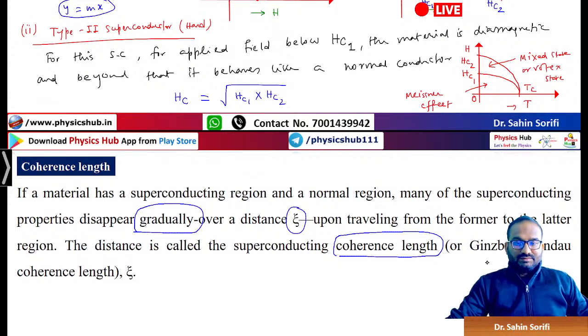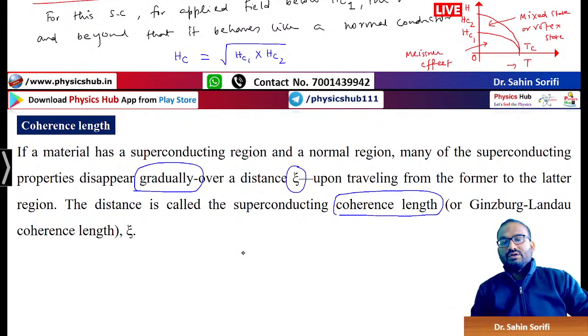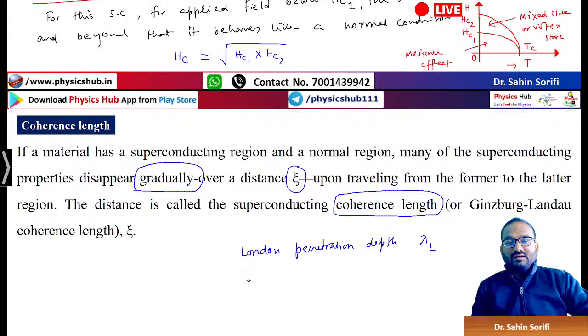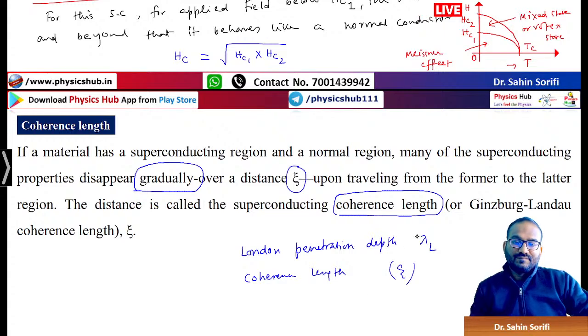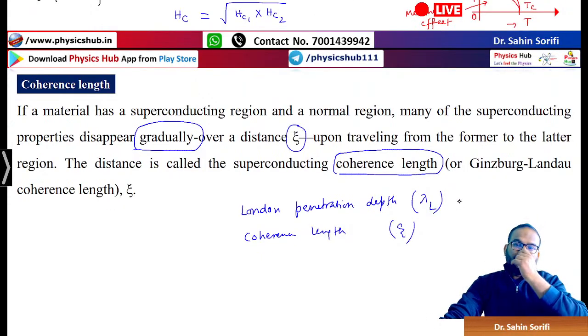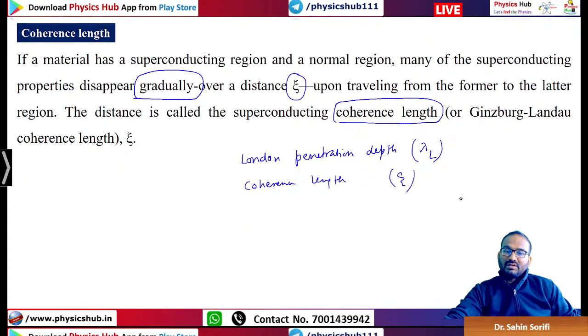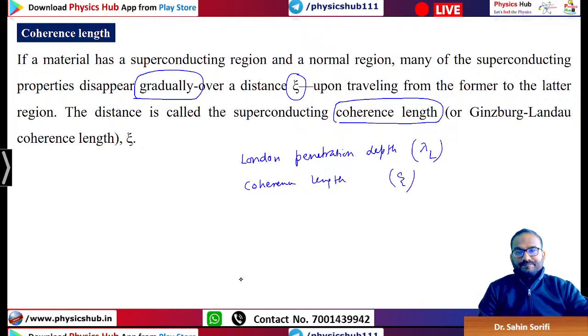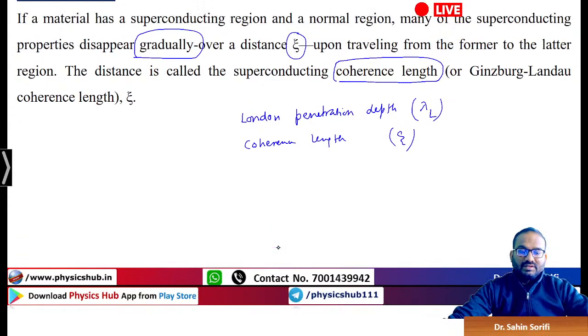So we have got two things. One is the London penetration depth, lambda L, and now we have got the coherence length xi. Depending on these two values of a particular superconductor, we can define type 1 and type 2.